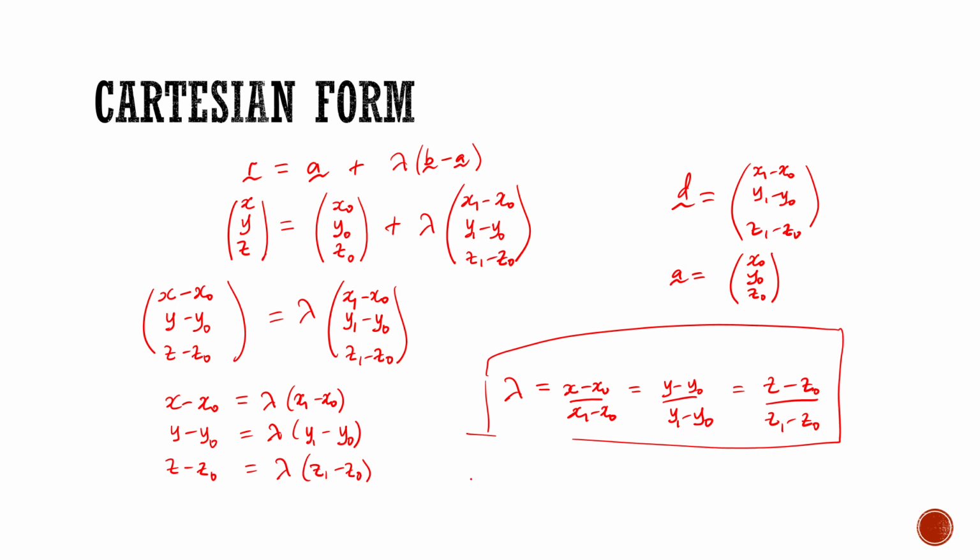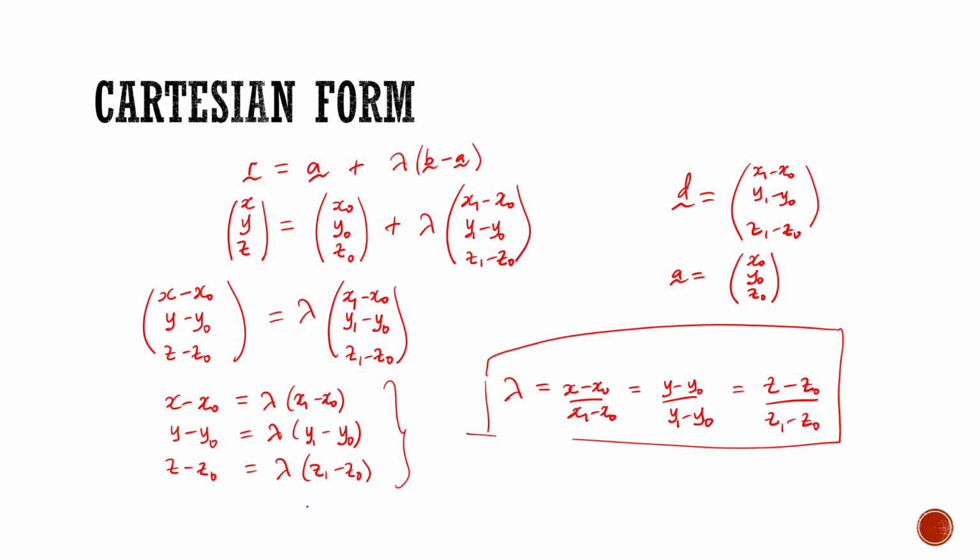Okay, and there's one last form of the equation of the line, which we get from these three equations, and that's called the parametric form. It simply comes from making x, y, and z the subjects in those three equations.